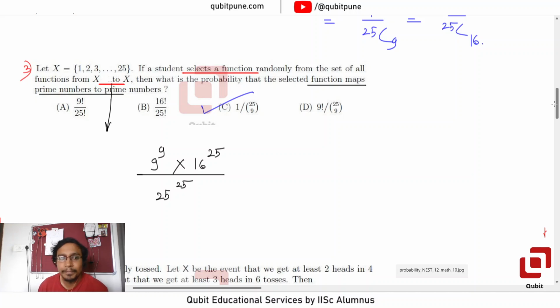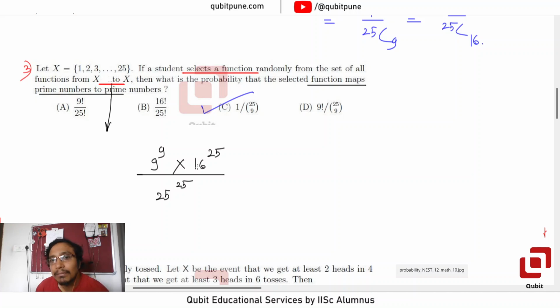No, but if you consider 9 raised to 9, what are you doing with the other elements? Okay. So all the inputs from X have to go somewhere. Yeah, even I had that thought in mind, but then I realized कि बाबा वो 9 ही है तो बाकी के 16 कहाँ जाएंगे. हाँ.